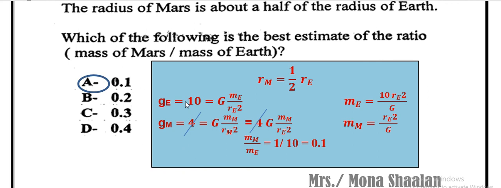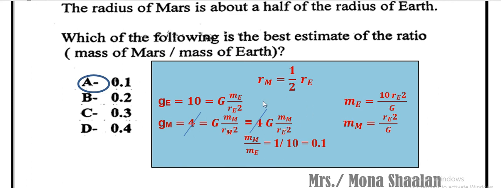From the relation of the gravitational field strength equal GM over r square. For Earth, the gravitational field strength equals 10, and for Mars, the gravitational field strength equals 4. But the radius of Mars is half that of Earth. We put a relation between the two masses.